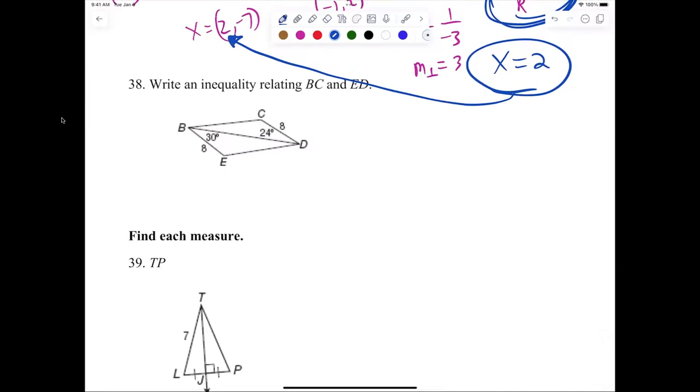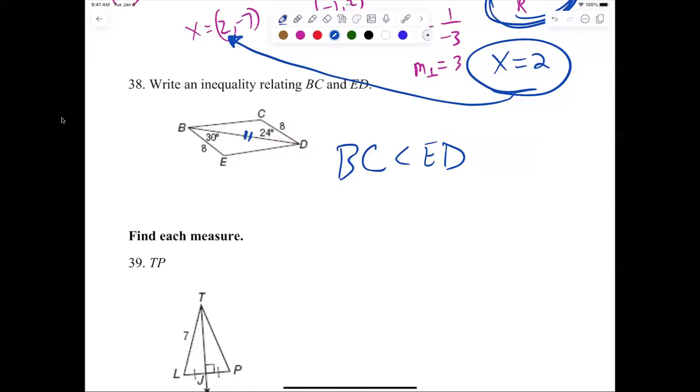They're trying to switch it up on you a little bit by writing it backwards. BD is congruent to BD. Do we agree? So what's true? In this case, BC is, yeah, BC. I think that's easy.